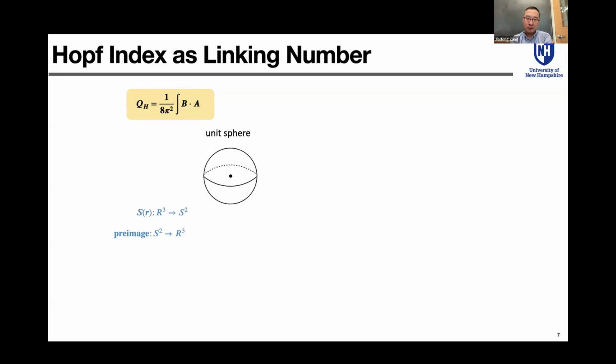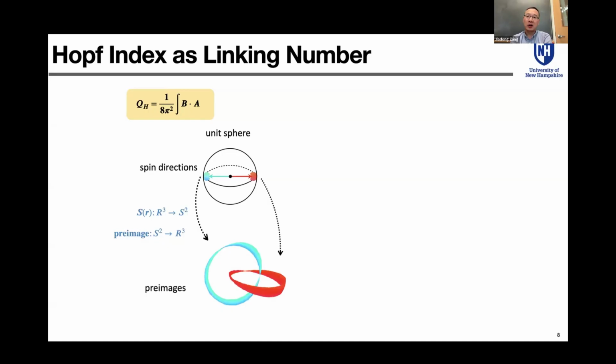So for example, if we want to find all spins pointing along x direction and minus x direction, we get 2 closed contours. In red, all spins pointing along x. And in blue, all spins pointing along minus x. And these 2 closed loops are actually linked to each other. And this linking number is actually the topological index that I mentioned.